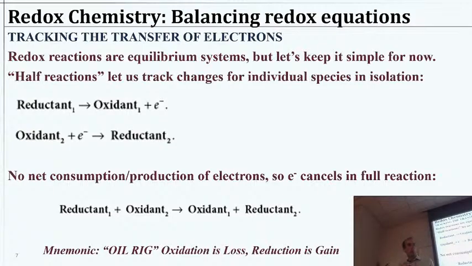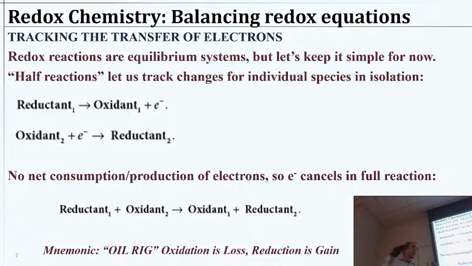But we do describe them as equilibrium. So the half reaction lets us track it, and we would take a reductant yielding an oxidant plus an electron, or an oxidant plus an electron yielding a reductant.